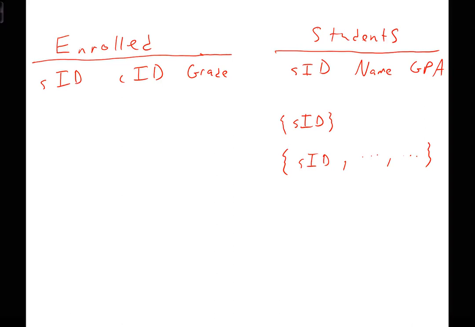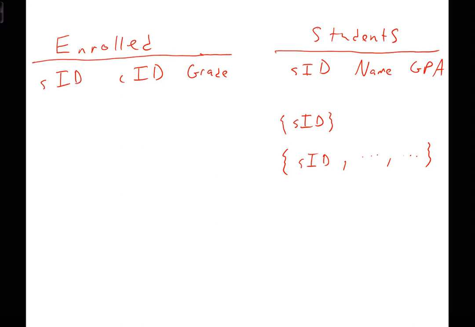Let's say student 1 is enrolled in course X with a grade of A. Now, in order for SID in this table to be a super key, the SID 1 can never show up again, which means student 1 cannot also enroll in course Y. So SID by itself is not a super key.